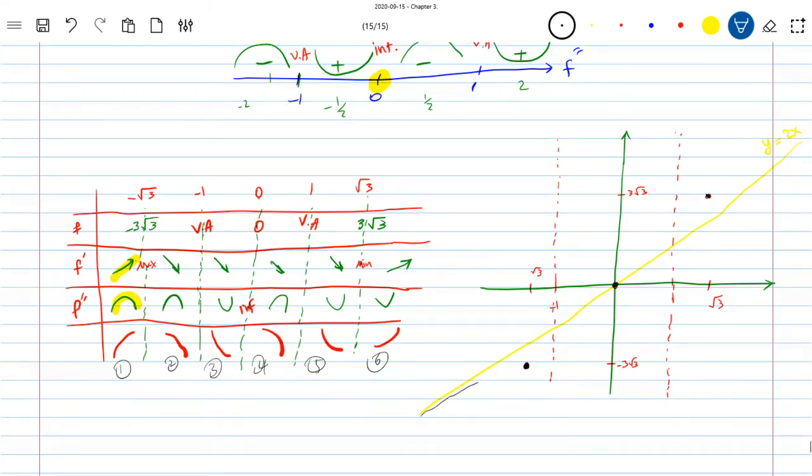It's a concave downward curve, not a straight line, so it's kind of curved downward. And this is section 1. Section 2, from -√3 to -1, we have a concave down and decreasing curve, approaching the vertical asymptote.